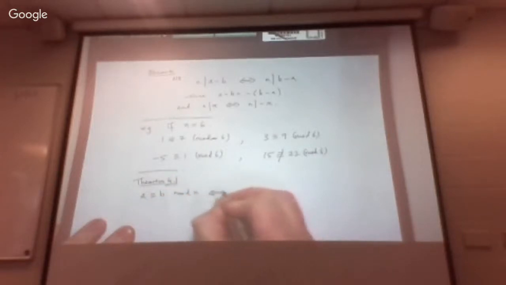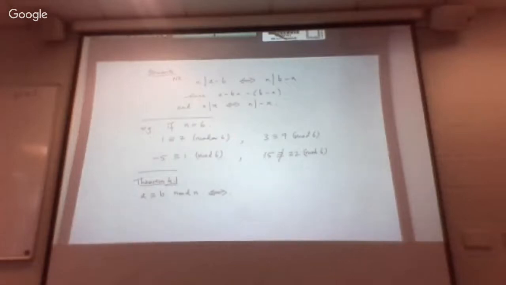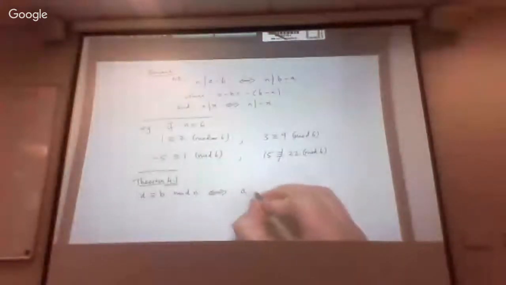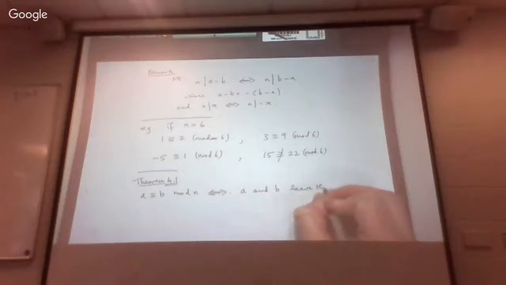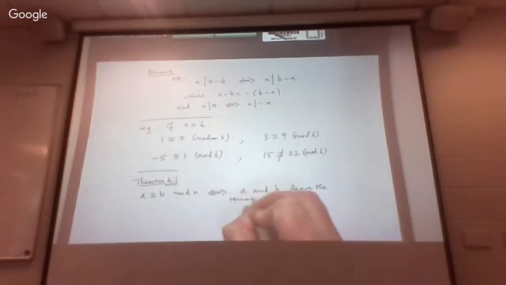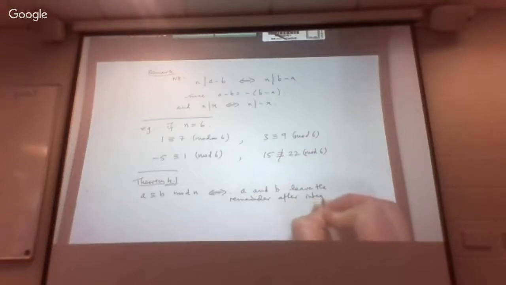This is a very good way of thinking about it, and it ties in with this finite set of buckets idea. If and only if A and B leave the same remainder after integer division by n.